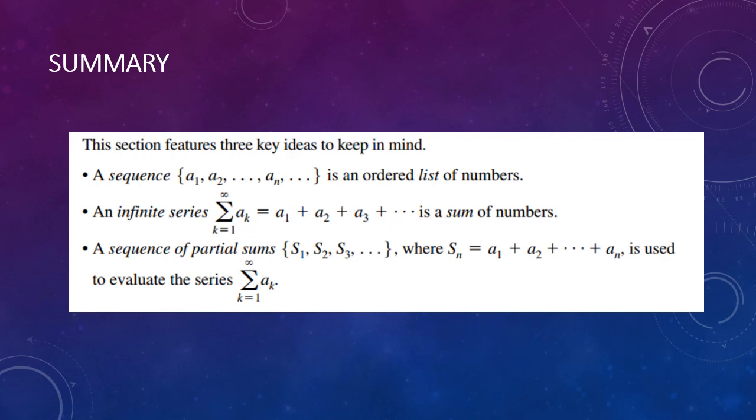An infinite series is the summation of a sum of numbers from k equals 1 to infinity: a1 plus a2 plus a3. And then a sequence of partial sums, s sub 1, s sub 2, s sub 3, is where s sub n equals a sub 1 plus a sub 2 all the way up to a sub n. And we use that to then evaluate the infinite series, if you will.